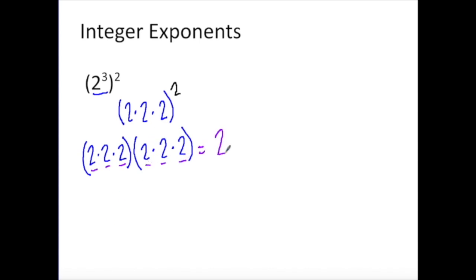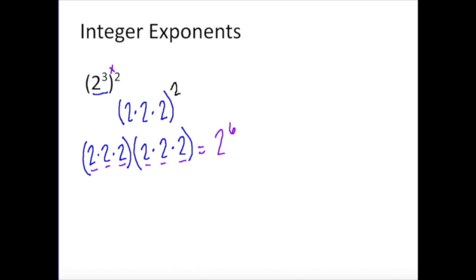I have 2 to the 6th power. So let's take a look at this. I have an exponent of 3 and an exponent of 2. So 3 times 2 is 6. So when I'm raising a power to a power, I'm going to multiply.